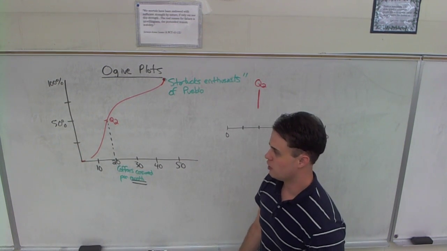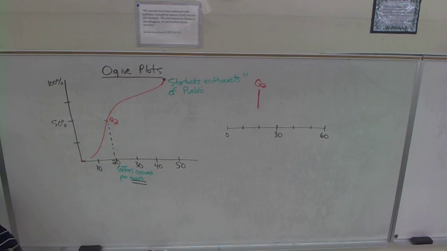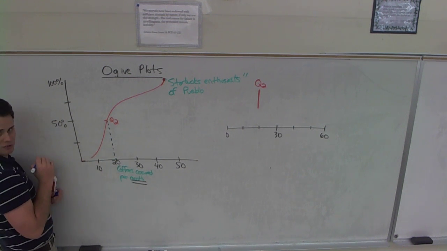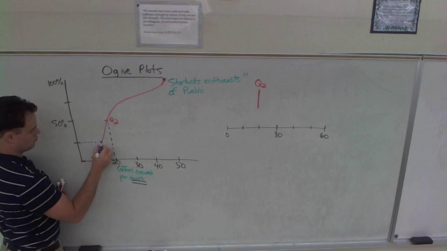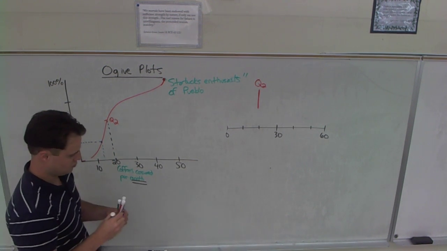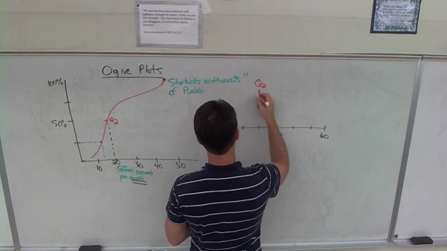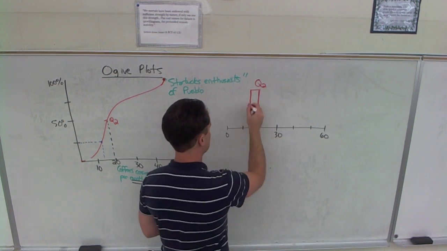Where's quartile 1 on here? Well, find it. Here's 25%, right? What's that look like? 15? Yeah. We'll come over here and say at about 15, that's quartile 1. There's the first part of your box.